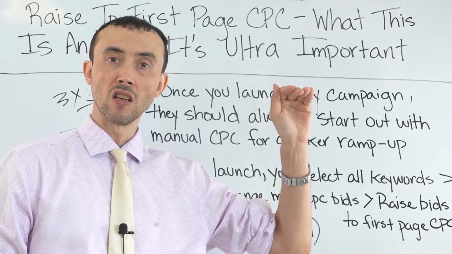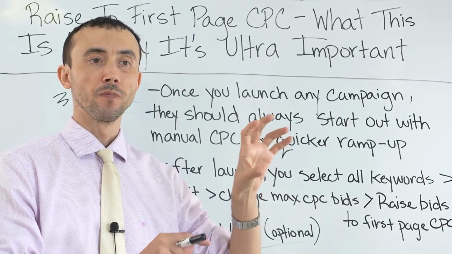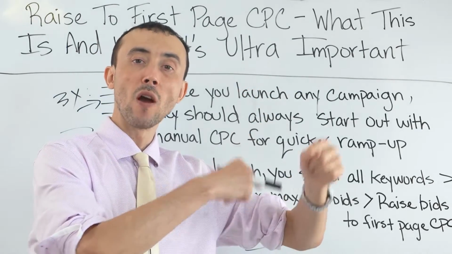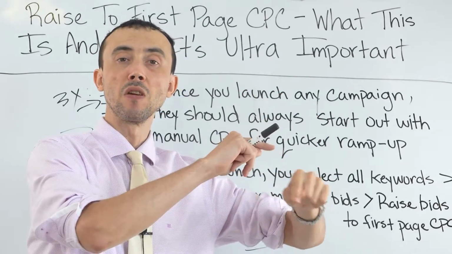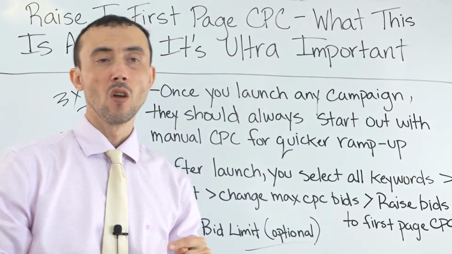Because Google uses the performance of other keywords in that campaign to influence the bid it recommends or requires on other keywords that have no data.